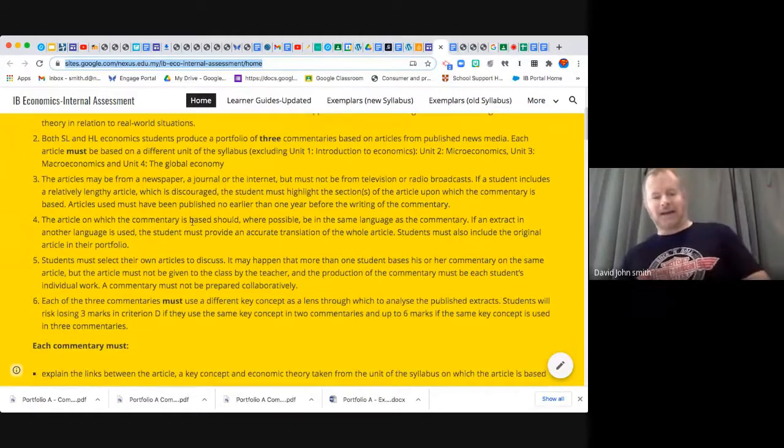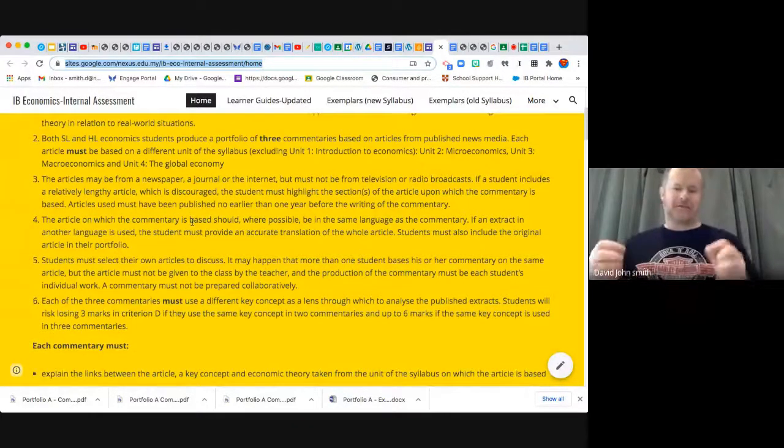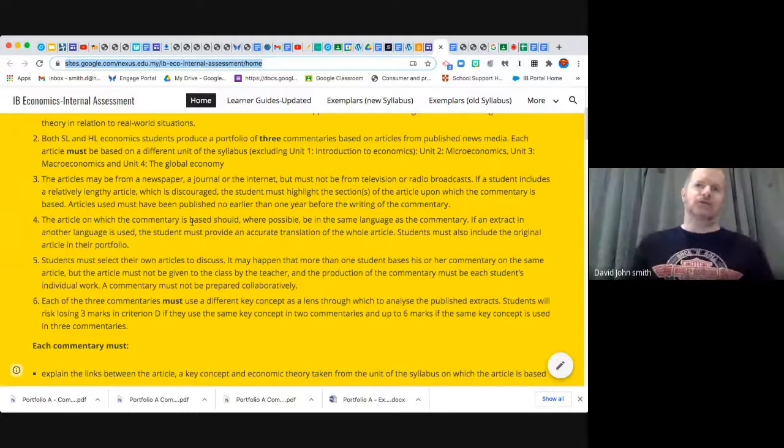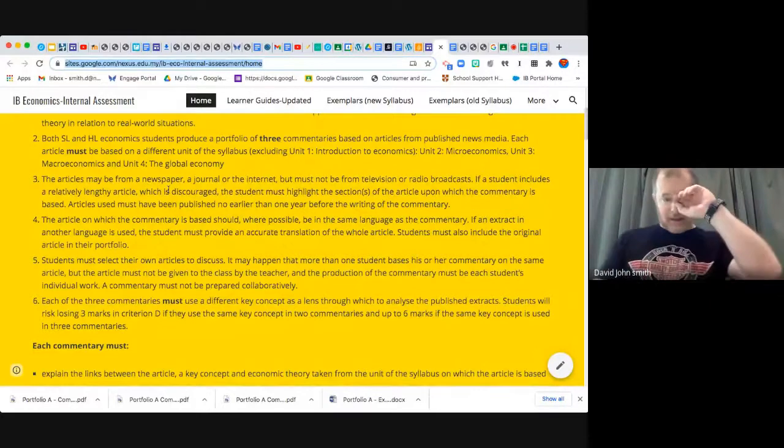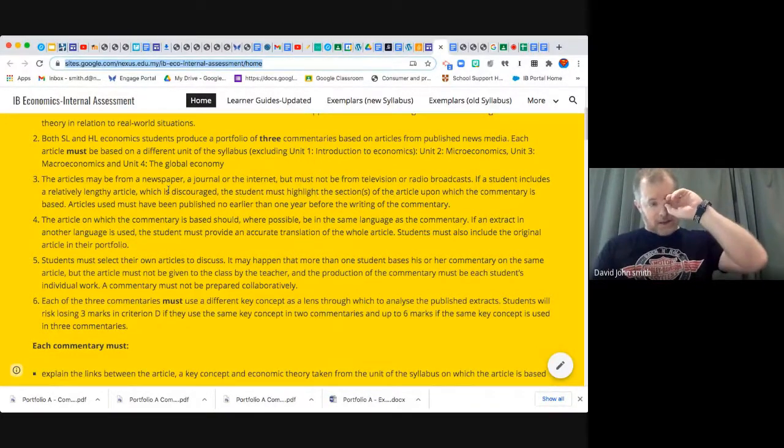Now, the idea is that you need to find a news report, some form of article. Whether that's from a newspaper like the Sydney Morning Herald, South China Morning Post, New Zealand Herald, the Malaysian Star, there's quite a range of them. And a lot of them are, well, they're all online, I think, now.